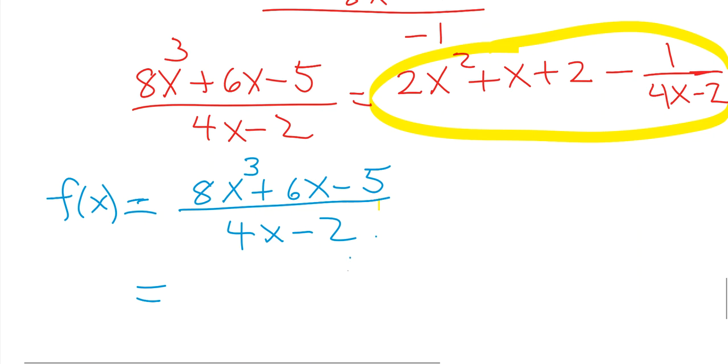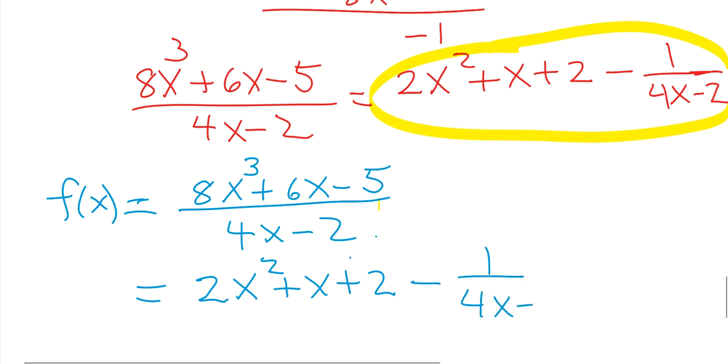That divides out to be 2x squared plus x plus 2 minus 1 over 4x minus 2. It's the same thing. Mathematically, these are equivalent.